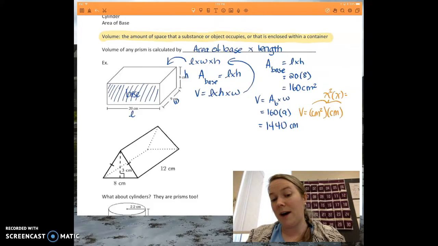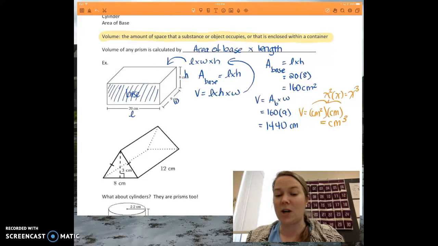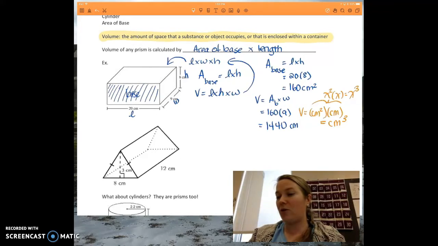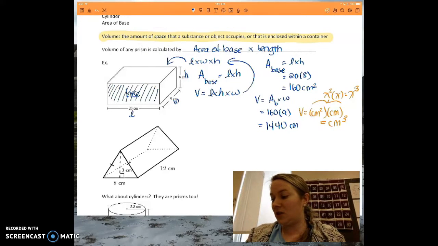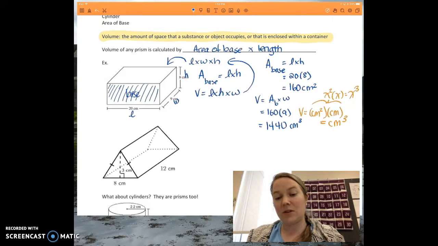Remember back to unit 1, we know that the exponent rules tell us that that is x cubed, which means that volume should be centimeters cubed, because the exponent rules still apply even when we're talking about units. So of course, this should be centimeters cubed, because volume is three-dimensional.